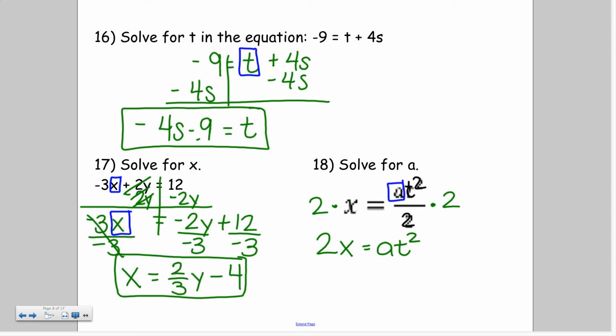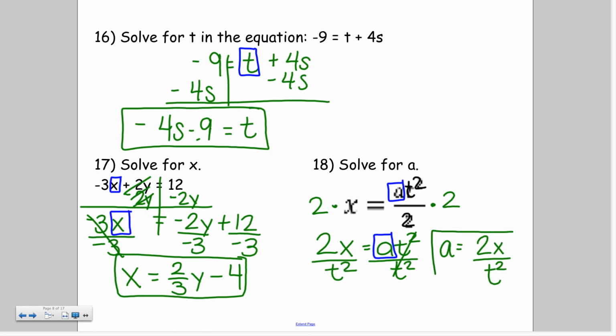Now, I'm wanting to get a by itself. So to get the t away from the a, I'm going to have to divide by t squared. Okay? Now, that's going to give me a is equal to 2x over t squared. And I have a by itself, so I'm finished.